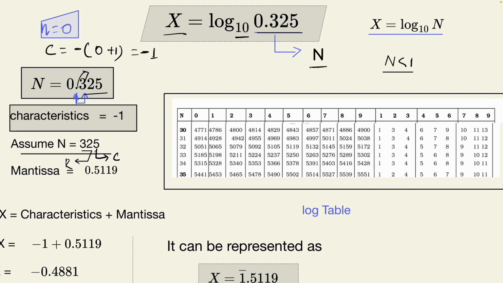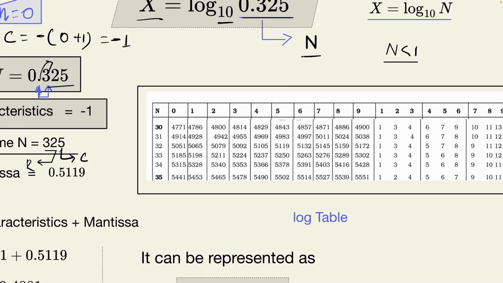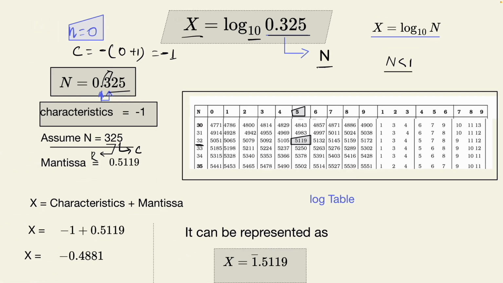Here we have 32, and we have to go to the fifth column. Which number is matching? 5119. We write this 5119 in terms of decimals, so it's equal to 0.5119.